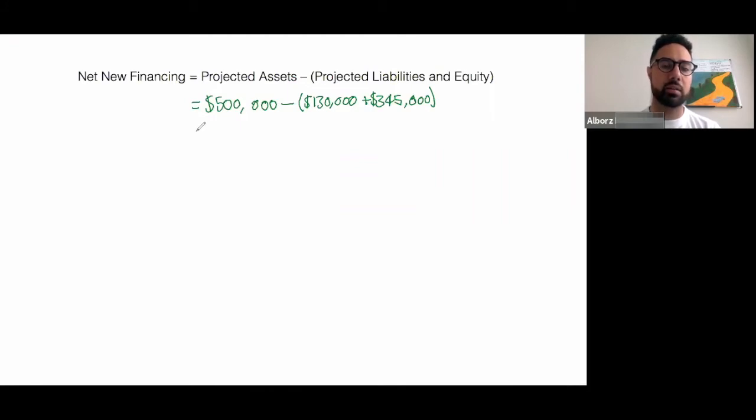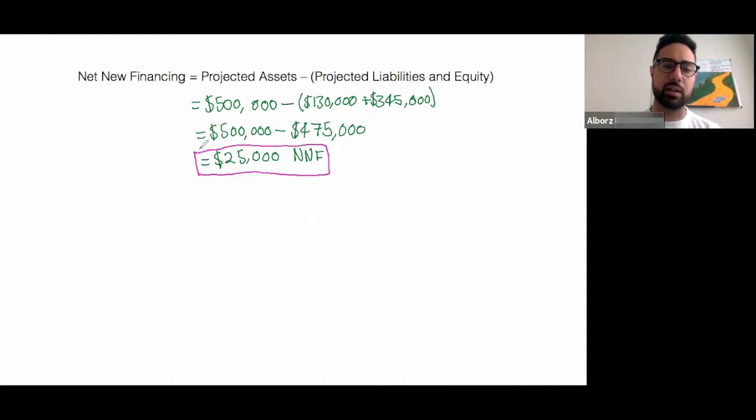To simplify, that becomes $500,000 minus $475,000, which equals $25,000 in net new financing, or NNF for short. And that is our final answer to problem 18.2.